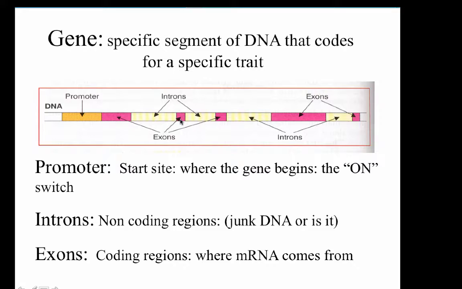So exons are going to be coding regions. They're going to produce mRNA. Introns are non-coding regions that traditionally have been thought of as junk DNA, but now we're actually finding that a lot of intron regions are coding for how that gene is regulated later on. So we'll talk about that when we get to the biotech section.